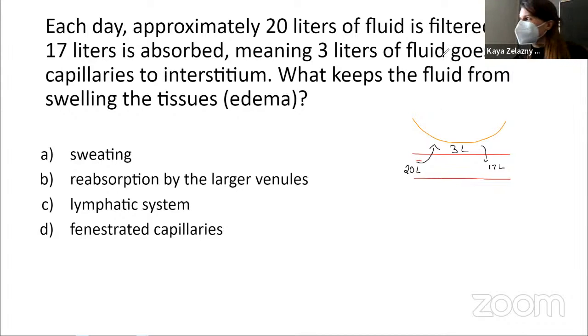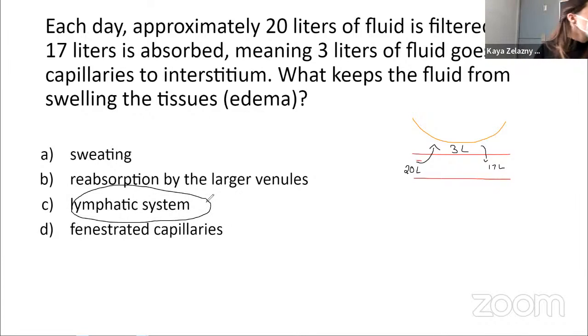Yeah, exactly. So our lymphatic system, which is our next topic, is running alongside our capillaries. We're going to see that we have things we call lymphatic capillaries as well, right?